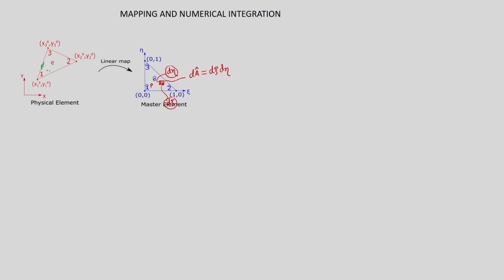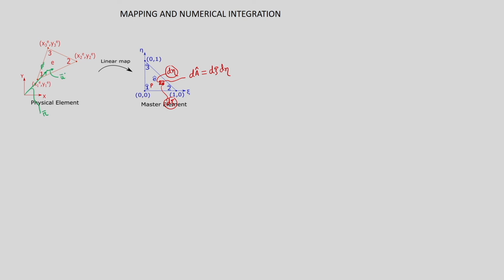Now, this P prime we can denote by the position vector, say r. If we map this length d xi associated with point P, say we get a vector, and I am drawing an exaggerated view of it.